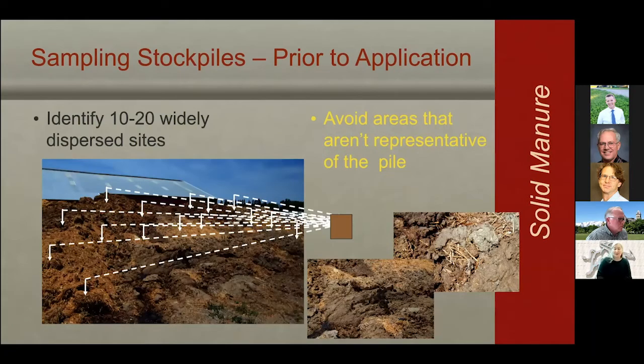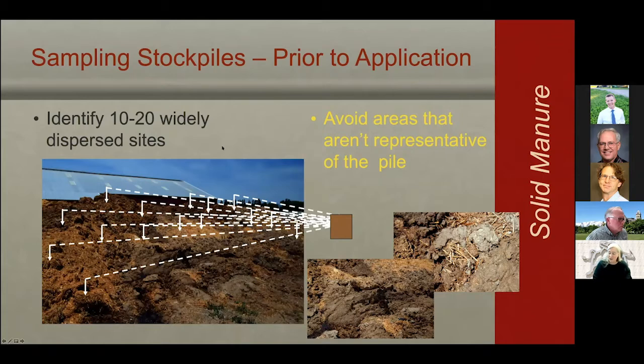So how do we do that? In a manure stockpile, it's really important that we get a lot of samples, and the more diverse that stockpile is, the more samples that you really need to have to get a good representative sample. They recommend between 10 and 20 samples.